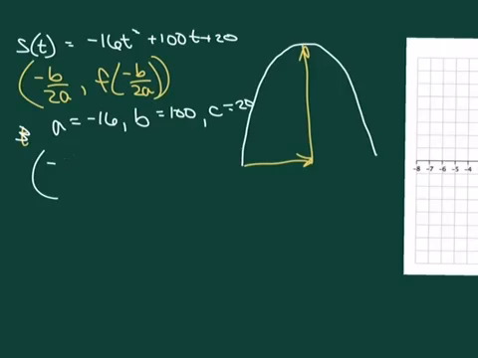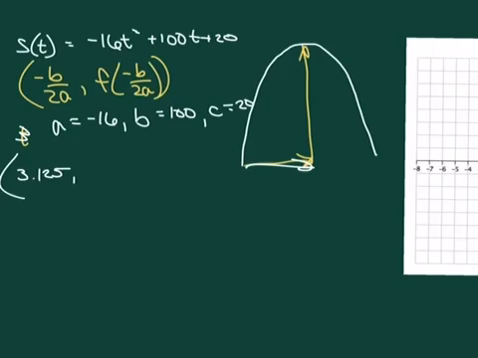Okay. Negative 100 over 2 times negative 16. So that is going to give me 3.125, or 3 1/8 if you were to write that as a fraction. All right, so there's my first point, 3.125. So it came over 3.125.